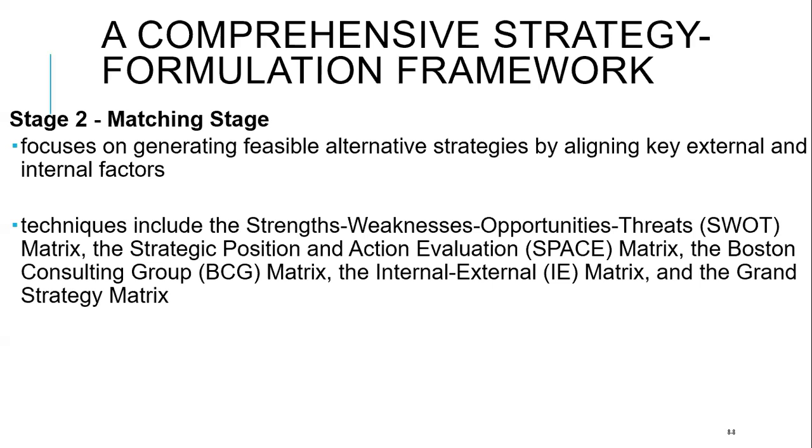Another tool is the Boston Consulting Group matrix. And just like the preceding matrices, this Boston Consulting Group matrix also tries to categorize the organization's business units or products into 4 quadrants. Based on some permutations and combinations, each quadrant is given a particular label.